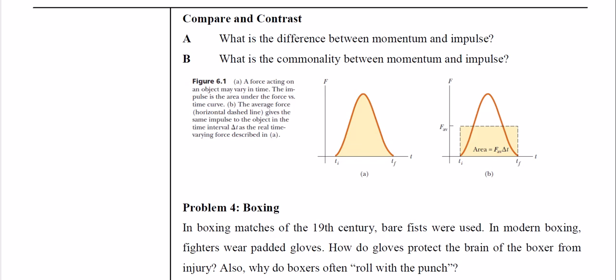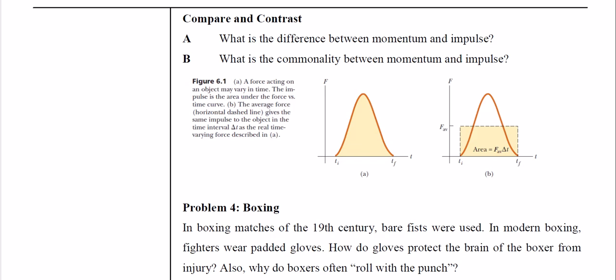So impulse is a quantity of force times a time interval. Impulse is not equal to momentum itself. Rather, it's the increase or decrease of an object's momentum. So if we have a change in momentum, then impulse is the quantity that is responsible for that change in the object's momentum.